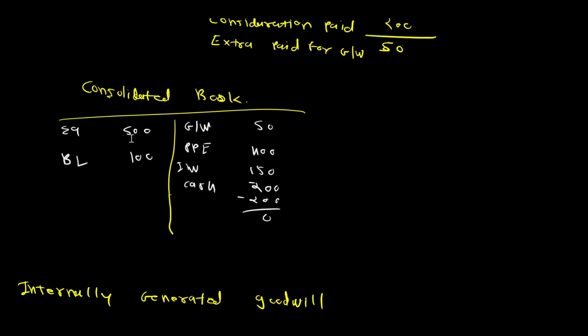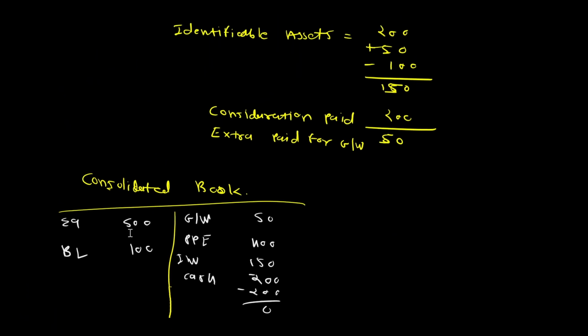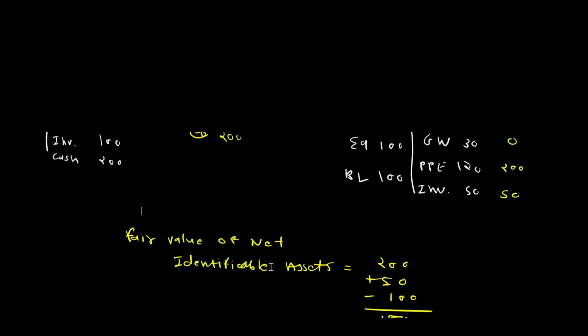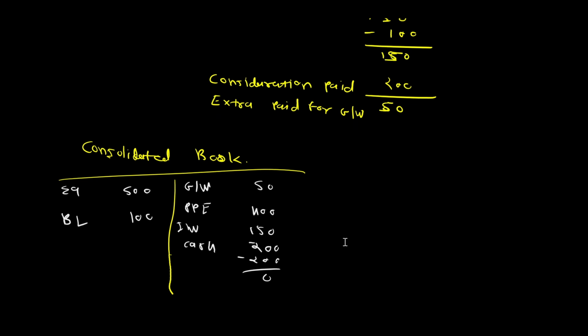My equity is the same, 500. I will show my acquired company's bank loan. My goodwill will be 50, PPE is 400, inventory is 150, 100 is mine and 50 is his. My cash is paid for the acquisition, so my cash will be zero.